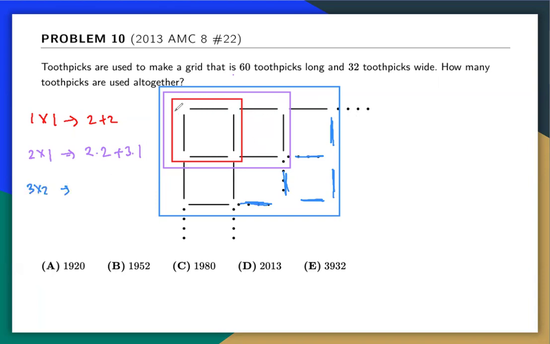When you have 3 rows, you have 1, 2, 3 in this row, and we have 3 rows, which is 3 times 3. The number of rows was 2, but we multiply by 1 more than that number of rows, because we have to close the square.